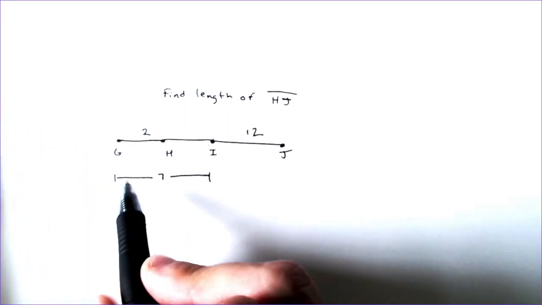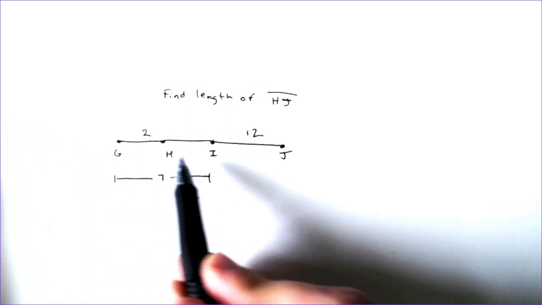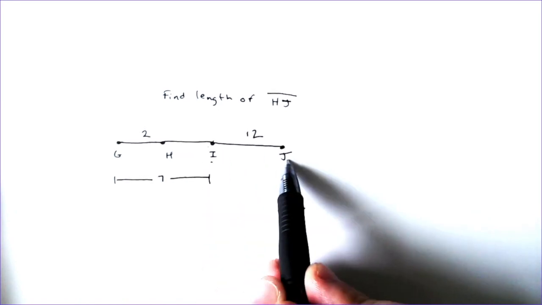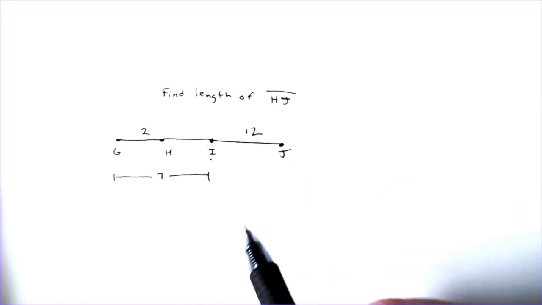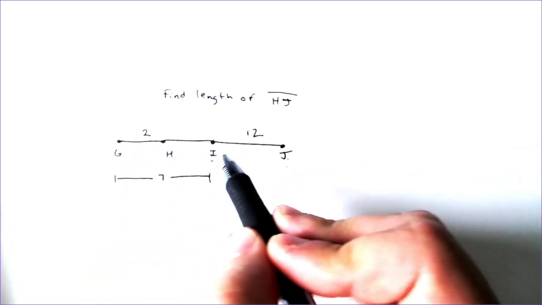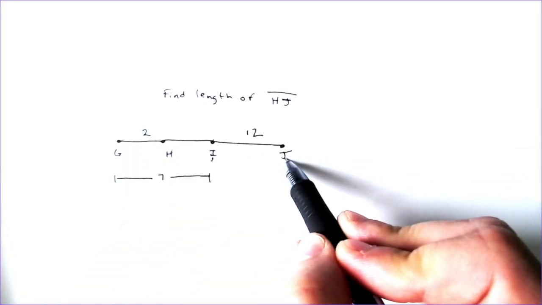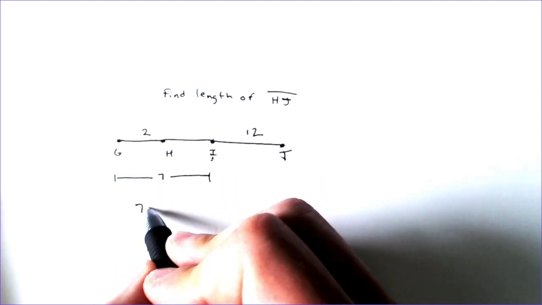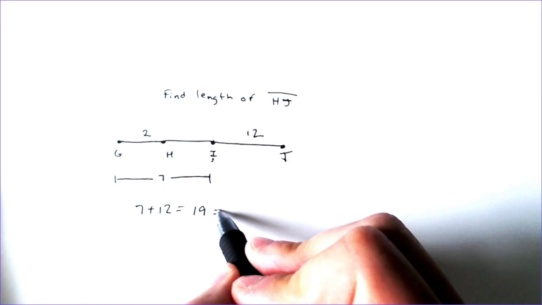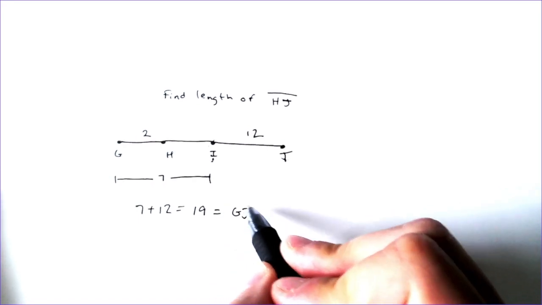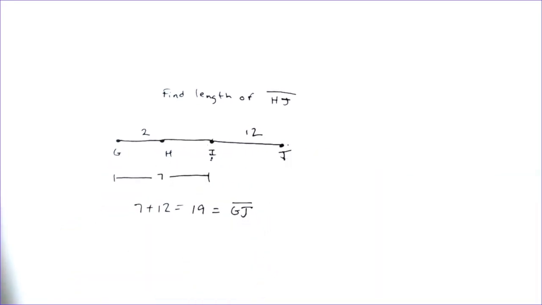You can first start by recognizing that G to I and I to J would add in total to make the entire thing. So if this part is 7, and the next part is 12, then 7 and 12 could be added together to get the total for G all the way to J. That's one thing we could have done.